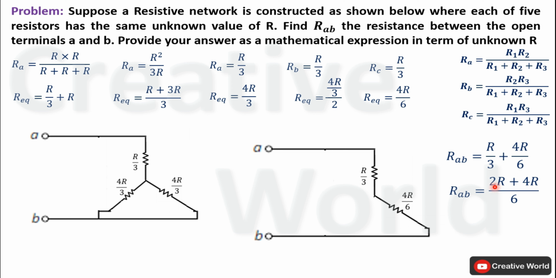Now add 2R and 4R together, it will become 6R. 6 in numerator will cancel out with denominator, only R will be left. So the value of RAB inside this network is equal to R ohm. Whatever the value of R will be, that R will be equal to the equivalent resistance of this network.